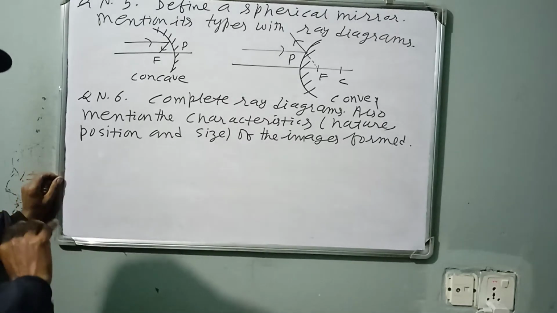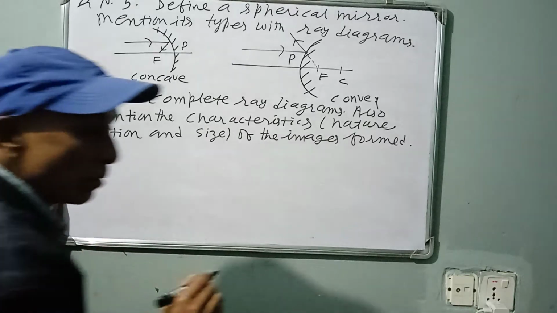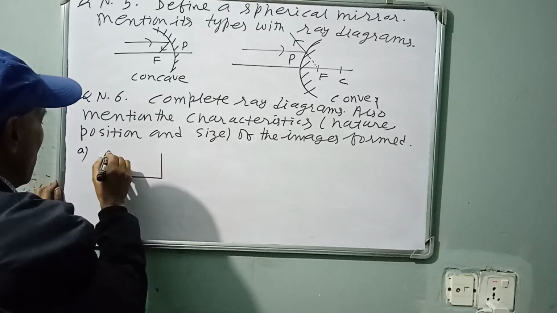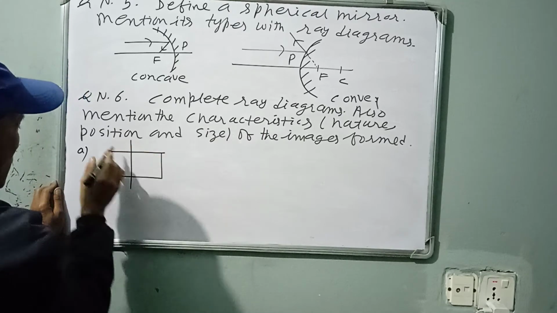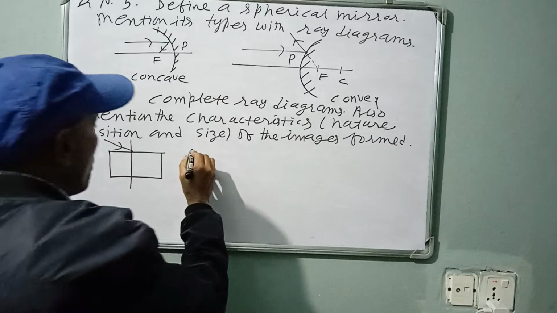See, first of all, let me write down the questions. A number about is an incomplete diagram, you can complete.